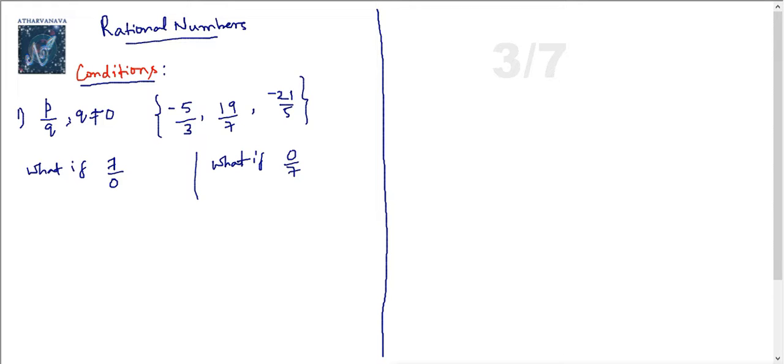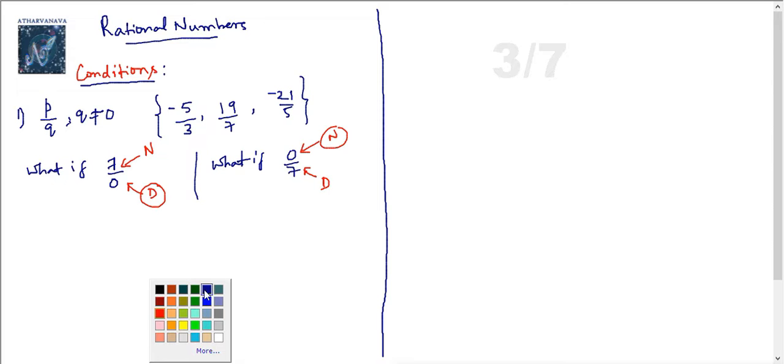Here the numerator is a number or an integer, and the denominator is 0. Here the denominator is 0, and here the numerator is 0. I just circled whichever is 0. So, let us analyze these two things separately.